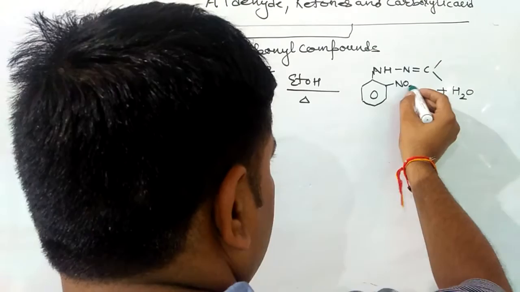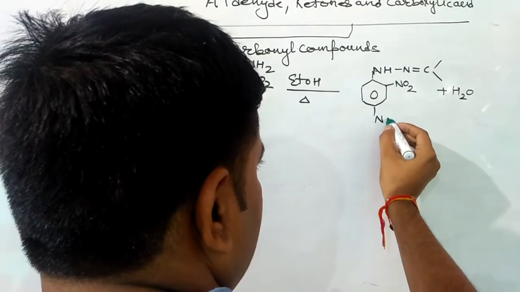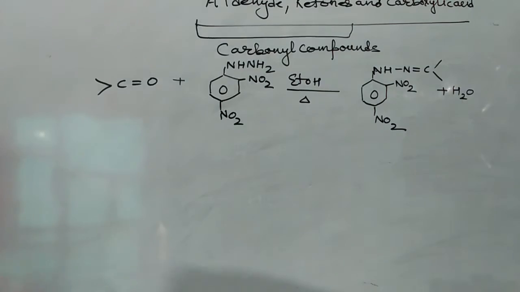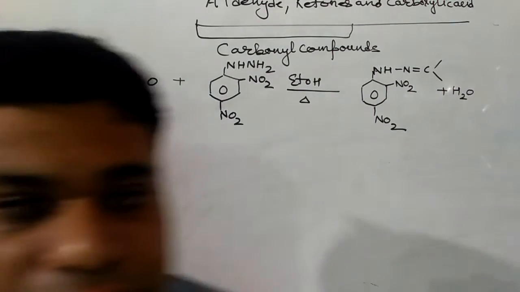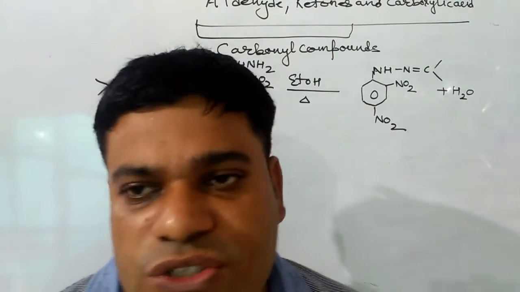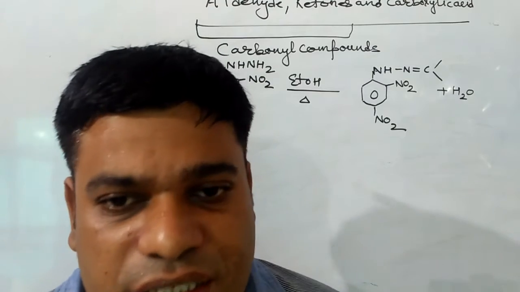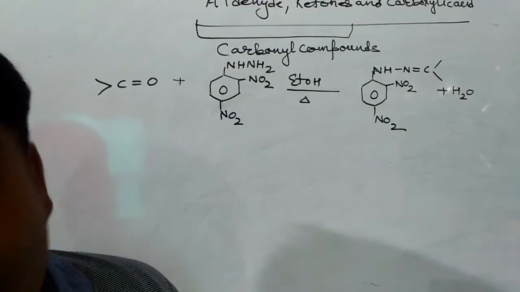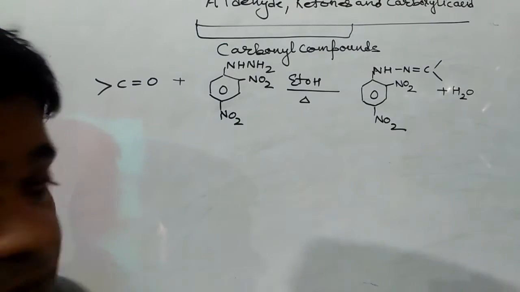For that, from 2,4-DNP we have to take H2, and from the aldehyde we have to take O. So in the 2,4-DNP test, an alcoholic solution of an aldehyde or ketone is heated with 2,4-DNP, and we get the yellow precipitate of 2,4-dinitrophenylhydrazone.